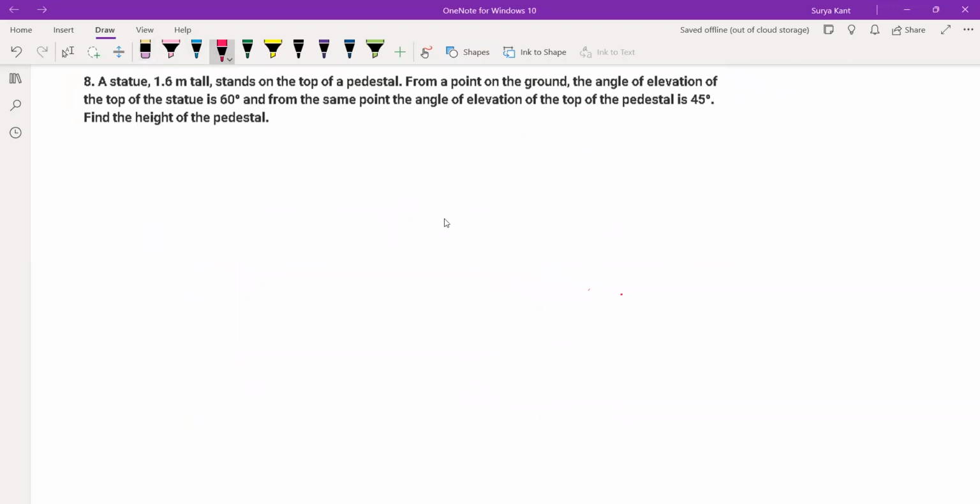So the statue is 1.6 meter tall, standing on the pedestal. I'll write it here like this. This is the statue, okay.